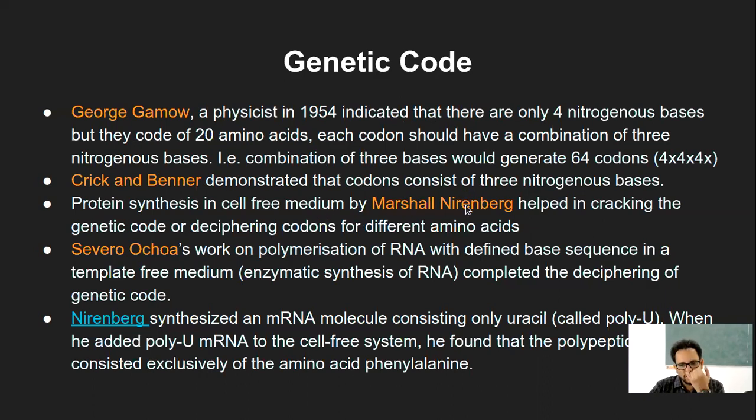That work was done by Nirenberg, and I guess he was also given a Nobel Prize for that work. Then Severo Ochoa's work discovered the polymerization of RNA with a defined base sequence in a template-free medium.